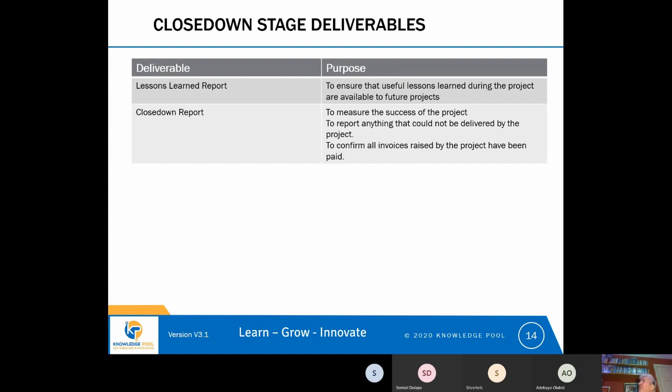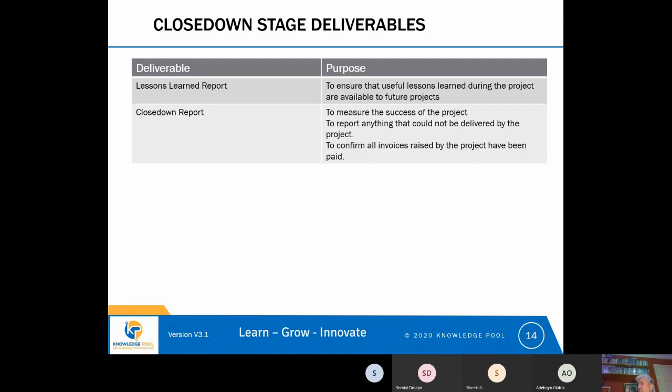Now, a post-implementation review is similar to a close down report, but it's really looking at the implementation that happened and whether the implementation was successful. So the post-implementation review might identify some problems.